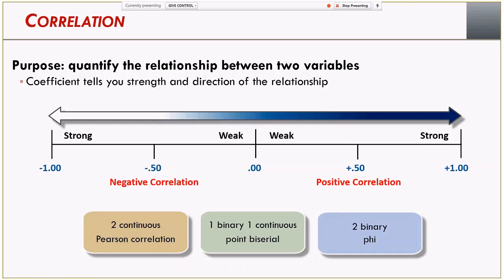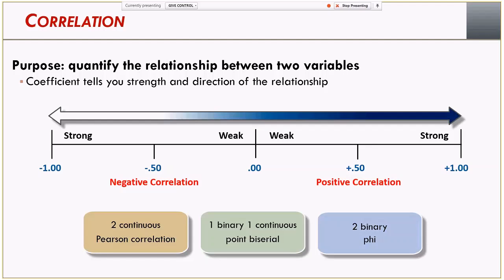The correlation coefficient ranges from -1 to 1, and the sign of the coefficient tells you its direction, whether the relationship is positive or negative. And the value will tell you the strength of the relationship. So if you have a correlation that's 0.5, you know that is a positive correlation. As one variable increases in magnitude, the other variable also increases in magnitude.